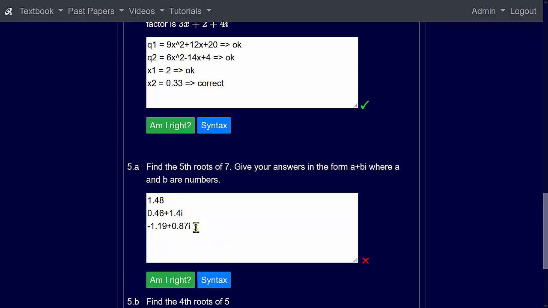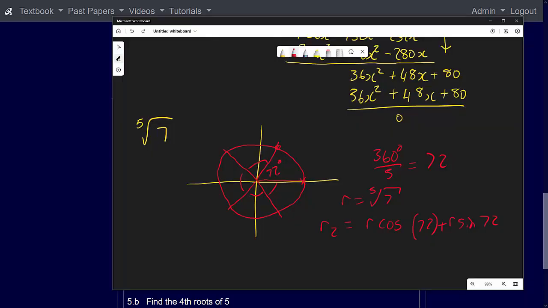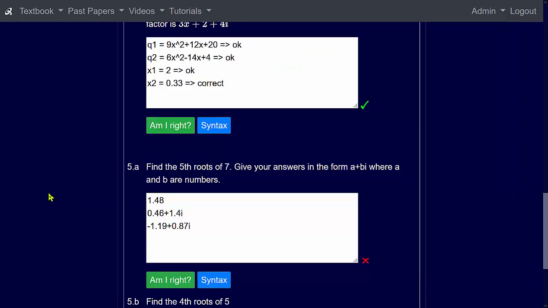So rather than calculate the next two roots, I'd just like to draw something to your attention. What we've got is the 5 roots are here, all on a circle, which means that the x value of this point is the same as the x value of this point, and the y values are the same magnitude but different signs. So rather than calculate everything, I can now just copy these and paste them in there and just change the y values.